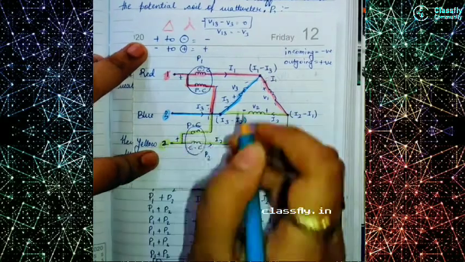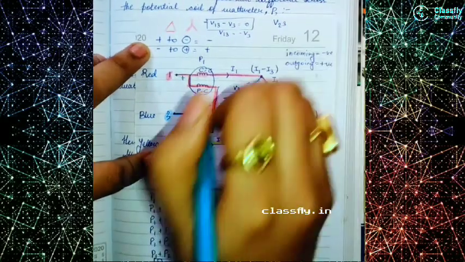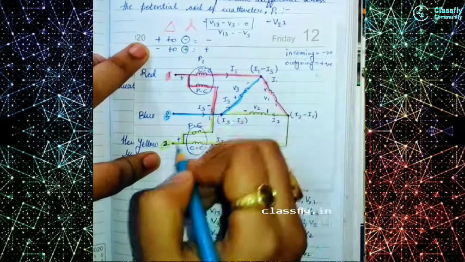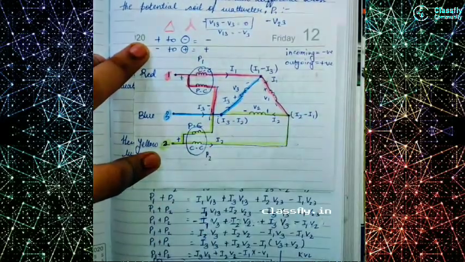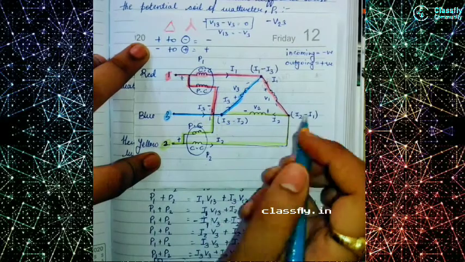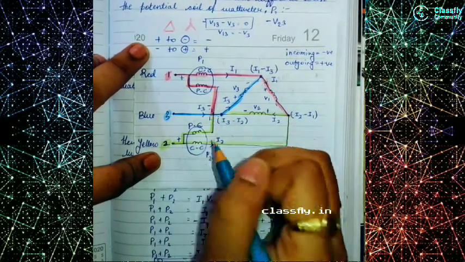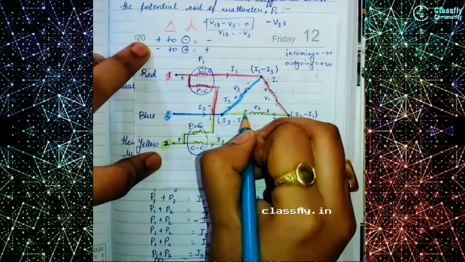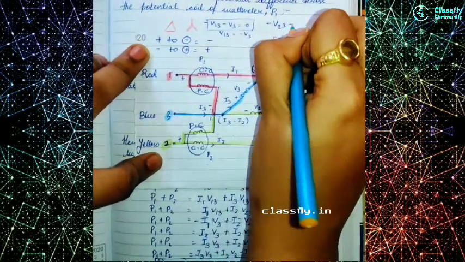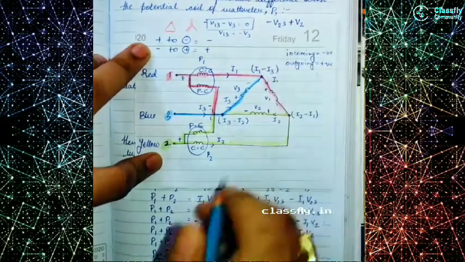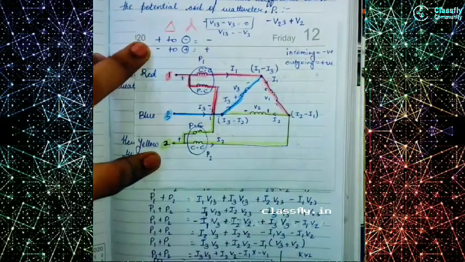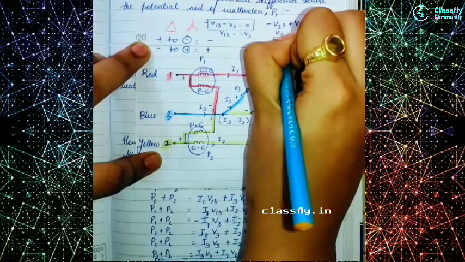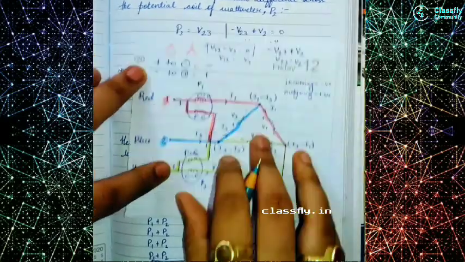So if I take V23, it will be negative because it is from positive to negative, and this side is our V2, negative to positive, so that will be positive V2. Okay, so we got our answer that V23 is V2.